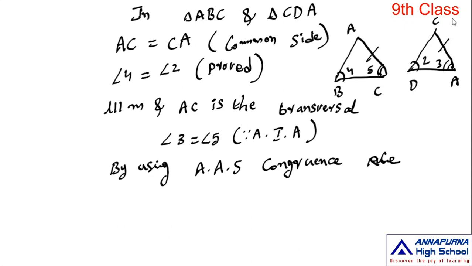Triangle ABC is congruent to triangle CDA. This is the fourth problem.